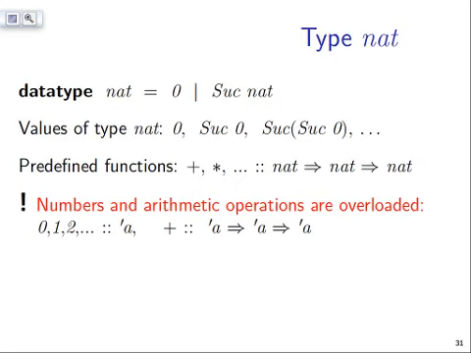For those familiar with type classes, there's a type class system behind it, but we don't need to go into it. I'll just use this generic term, overloaded, and that is sufficient.